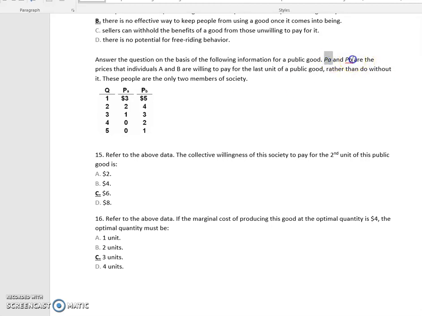PA and PB are the prices that individuals A and B are willing to pay for the last unit of public goods.